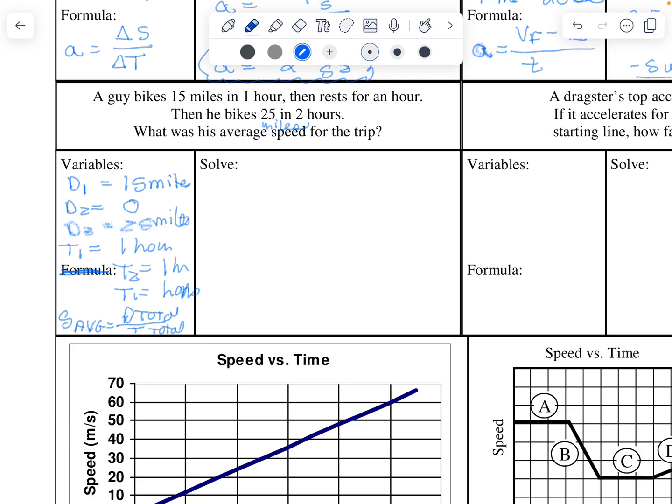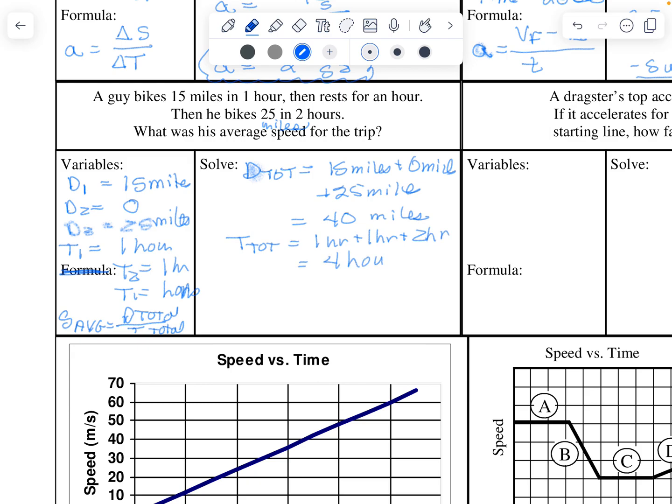Okay, sorry about that. So my distance total will equal 15 miles plus 0 miles plus 25 miles, which equals, you can add this up yourself, 40 miles. My time total will equal 1 hour plus 1 hour plus 2 hours, which equals 4 hours.